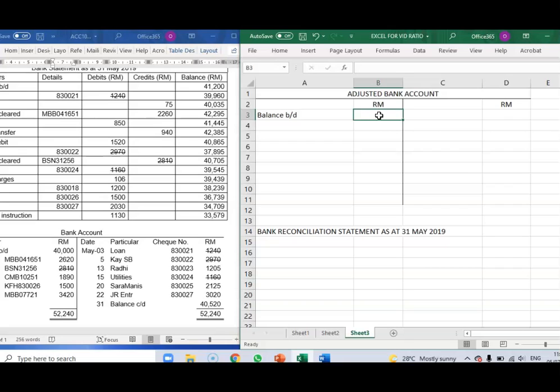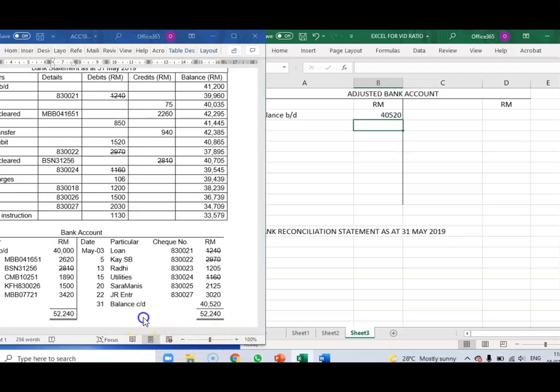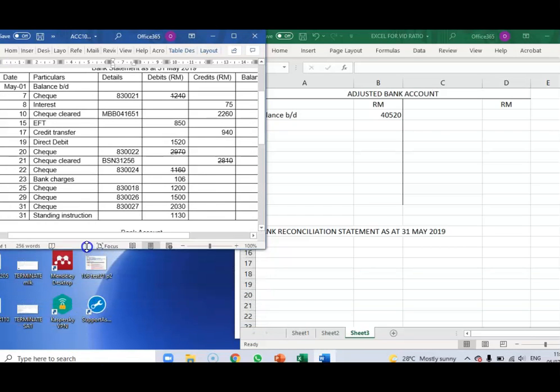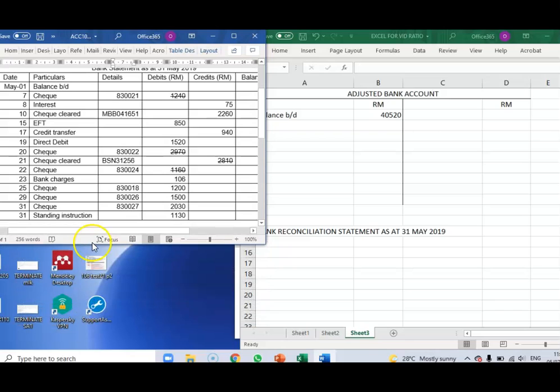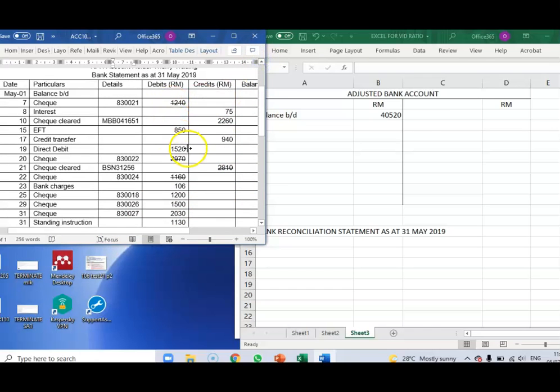So 40,520, this is the amount that we get from the question, the ending balance of the bank account. That is the only data that you will take from the bank account. For the next data, you do not look at the bank account anymore. You will only be focused on the data from the bank statement.